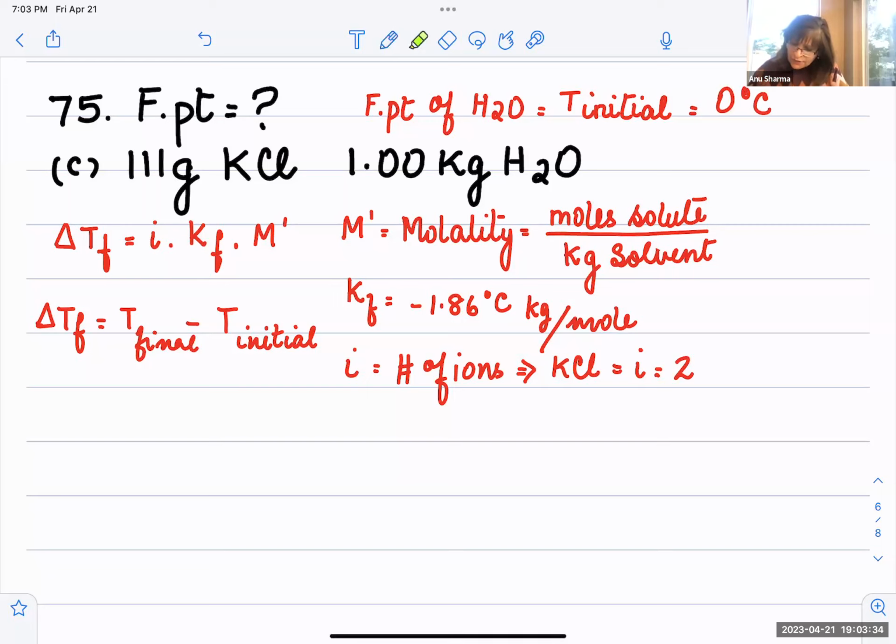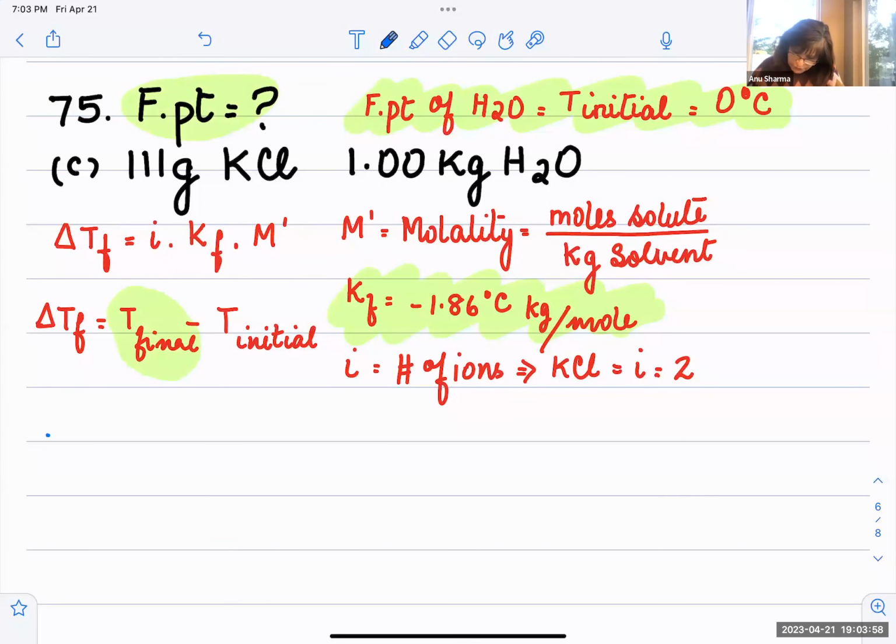This value will be given to you, and the rest you have to determine from the question. Here the question is asking you to find this final temperature.